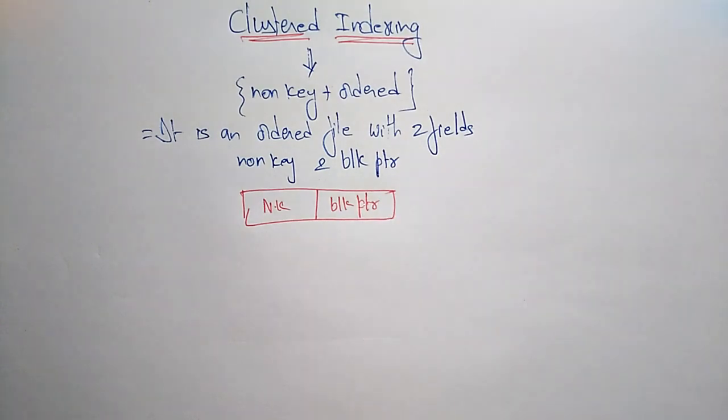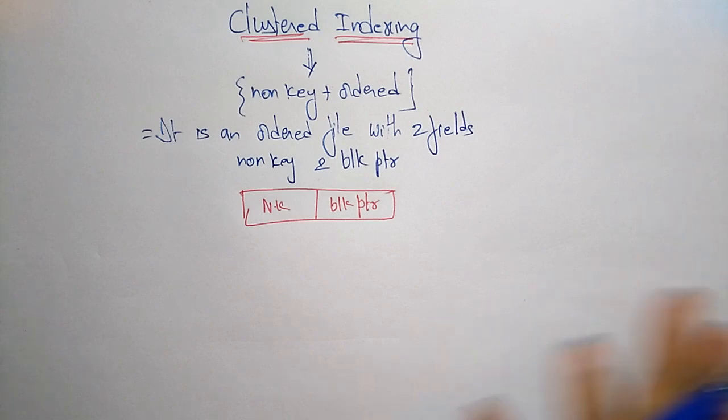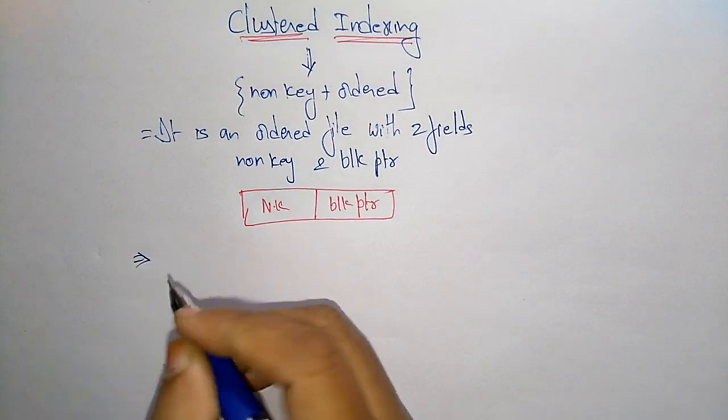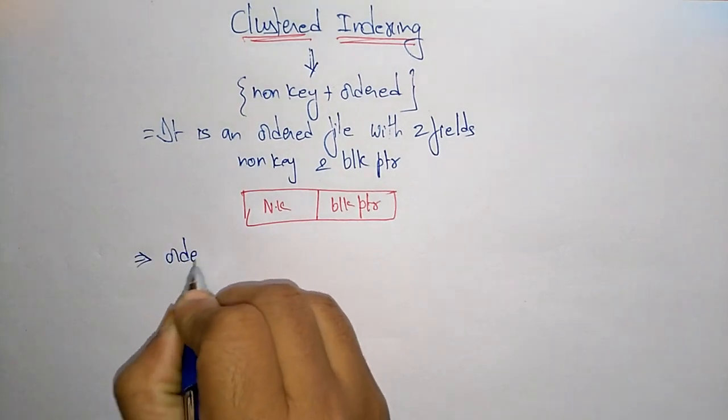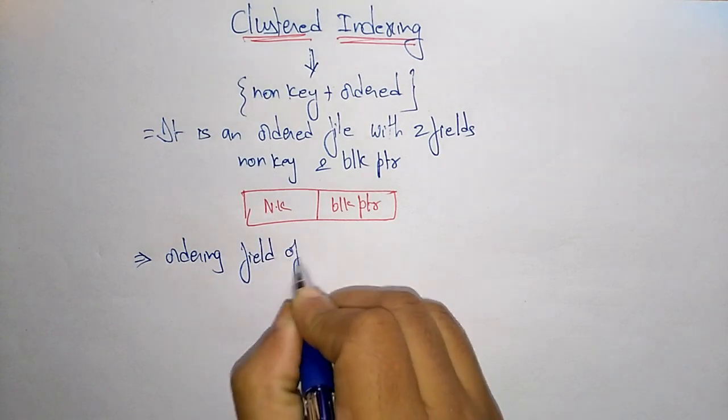Actually, the clustered index is created on data files whose records are physically ordered on a non-key field, which does not have distinct values for each record. That field you call a clustering field, meaning the ordering field of a data file.